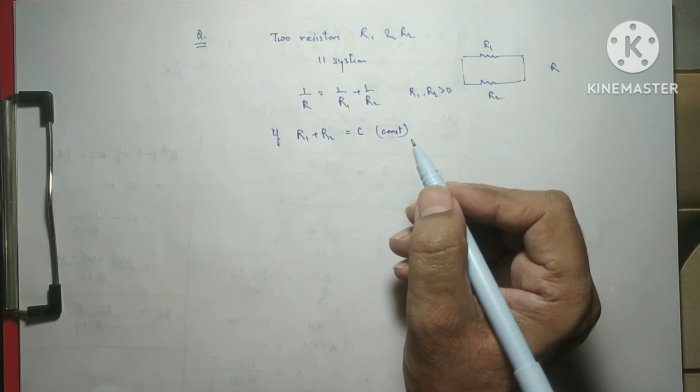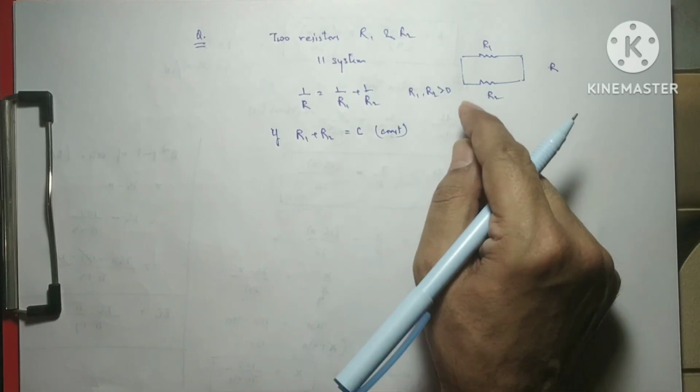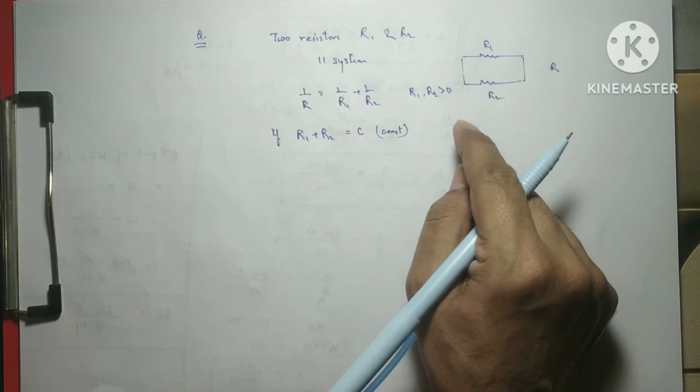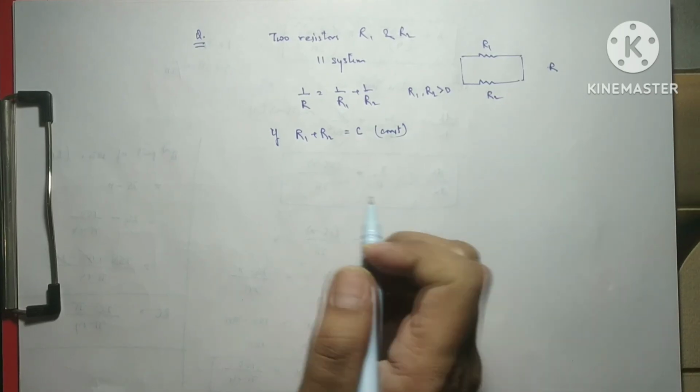So show that the maximum resistance is obtained by choosing R1 equals R2.